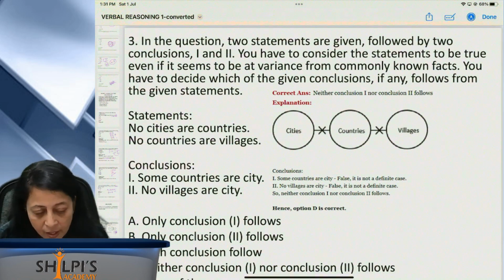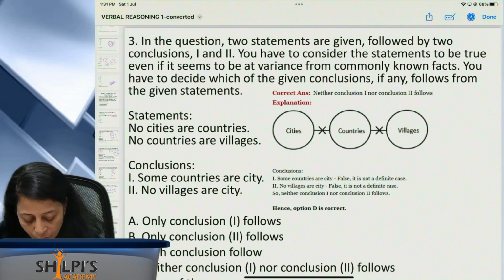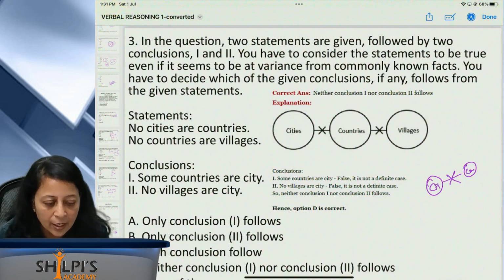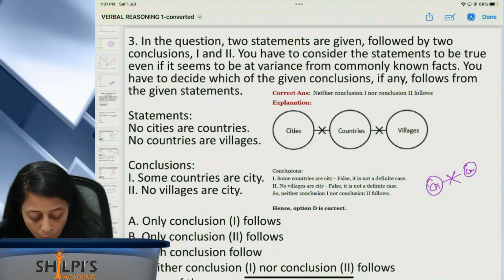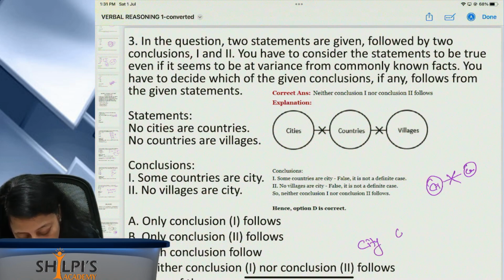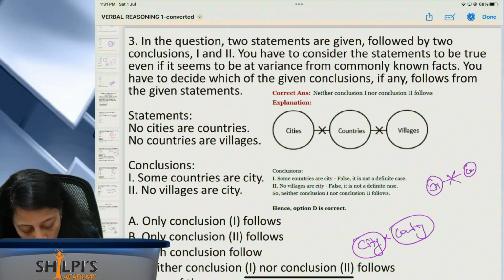Next statement is, no cities are countries. No cities are countries. There is no relationship. Cities and countries are not related to each other. No countries are villages. So city and country are not related to each other. Okay. Likewise, no villages are city.